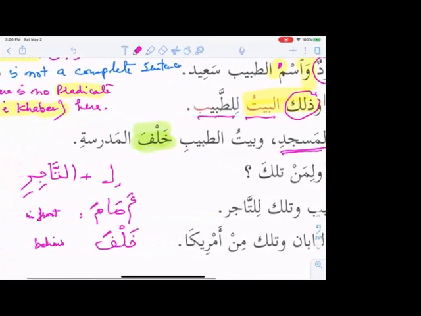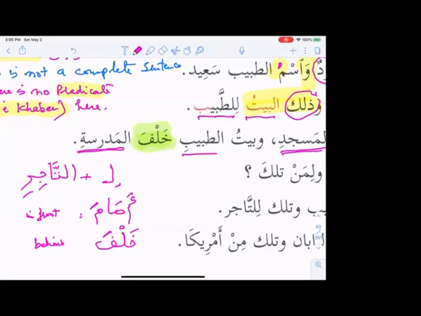Now let's go here. Baytu tabibi, the house of the doctor. Baytu is mubtada wa huwa mudaf, tabibi is mudaf ilayhi, khalfa, behind. And see here, madrasati. This is majroor. Who made it majroor? The adverb made it majroor.